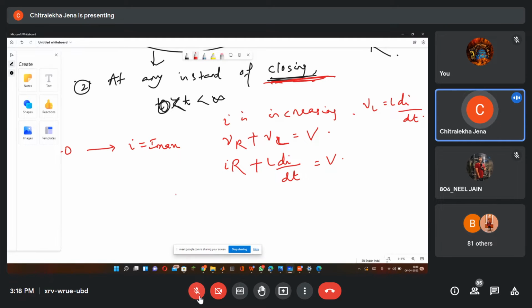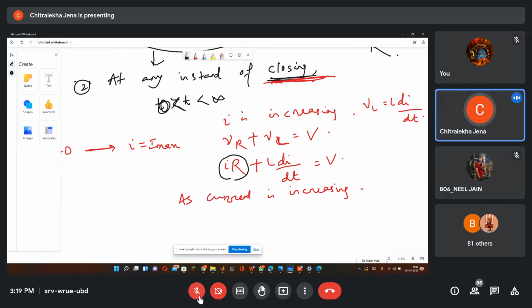That means as current is increasing from I equal to 0 to I equal to maximum, understand all of you very carefully. As current is increasing, obviously what happens to this one?